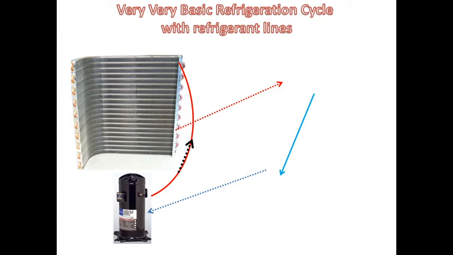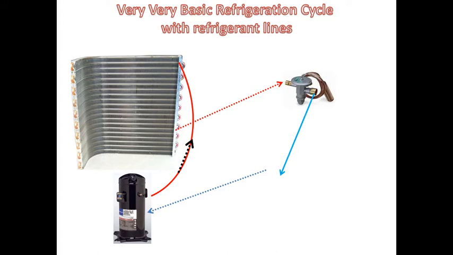And as the refrigerant passes through the condensing coil, it takes the high pressure, high temperature vapor and turns it into a high pressure, high temperature liquid.